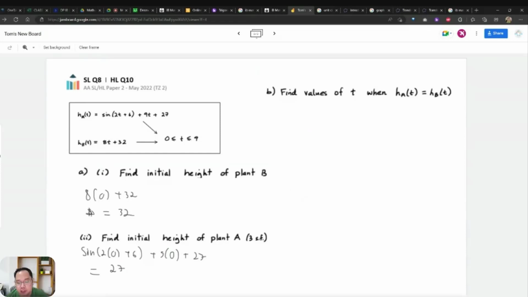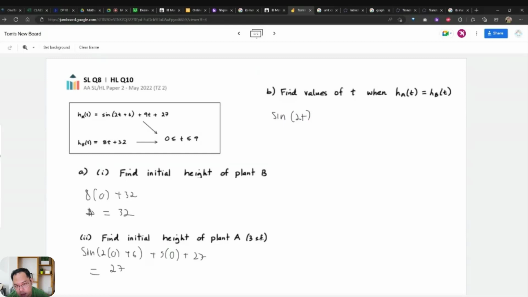Just type in the 2 equations, 2 functions, in the graphing function. Choose the window for the x, the t variable, to be from 0 to 9. And the y window from 0 to 35 or 40, or could be much greater, because when t is 9, you can estimate 8 times 9 is 72, plus 32, the maximum value is 104.